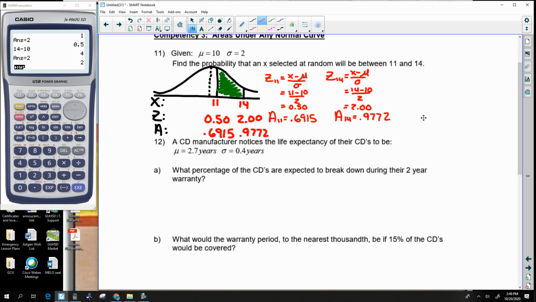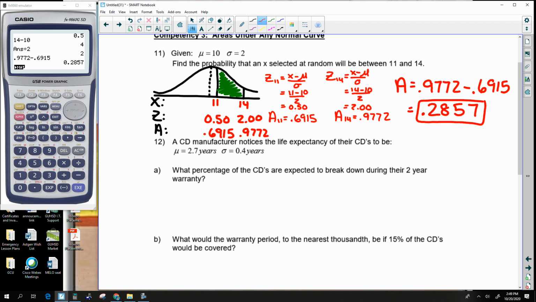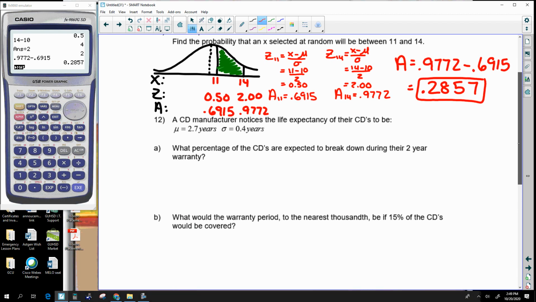Now to find the area in between those two, what I have to do is take the big area minus the small area. Okay.